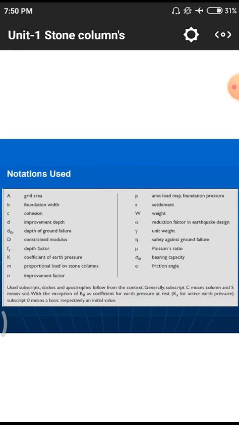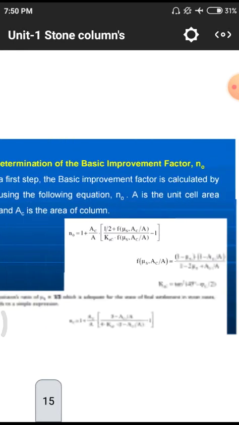Likewise we have different unit weights. Eta is the safety factor, mu is the Poisson ratio, sigma bc is the bearing capacity of the soil, and then the friction angle. All those are the notations we use in the particular calculations.